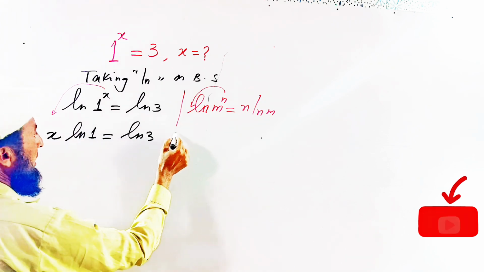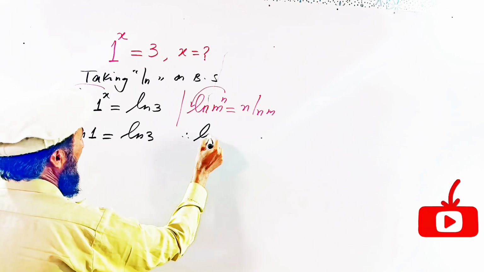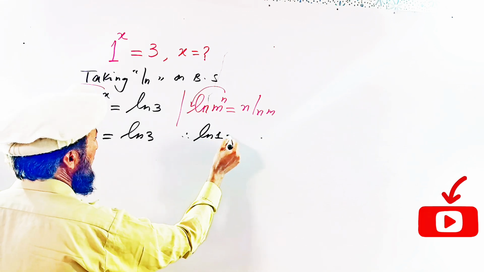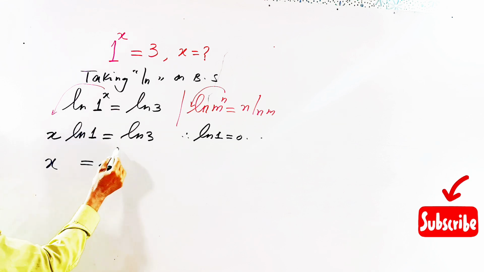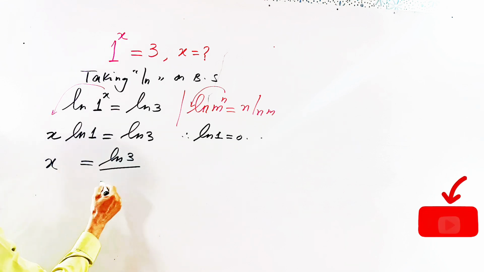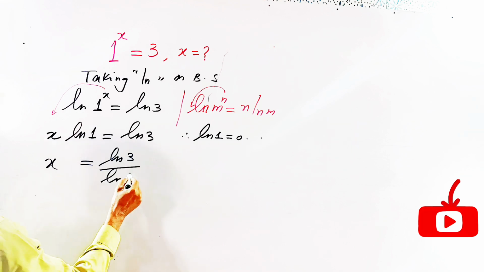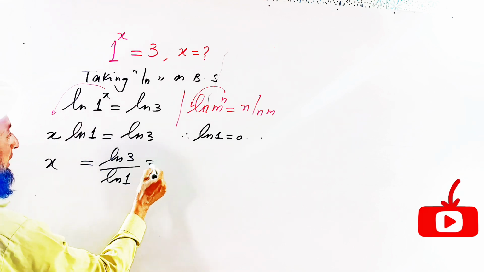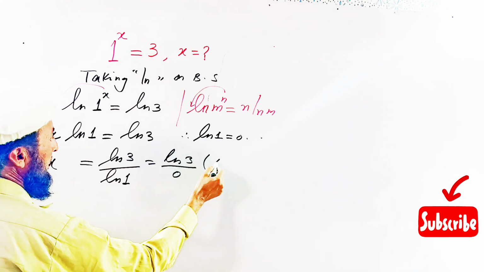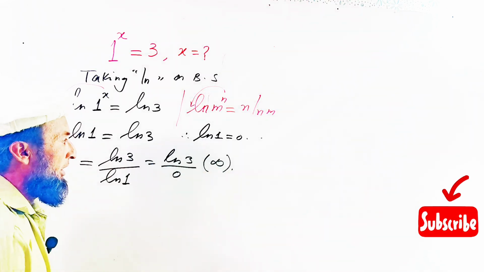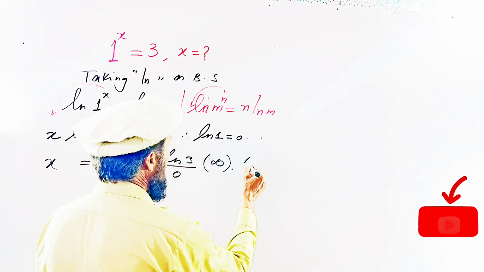As we know, log of 1 is equal to 0. If we put log of 1 equal to 0 and divide by it, we get log of 3 divided by 0, so the solution does not exist. An undefined case is coming.